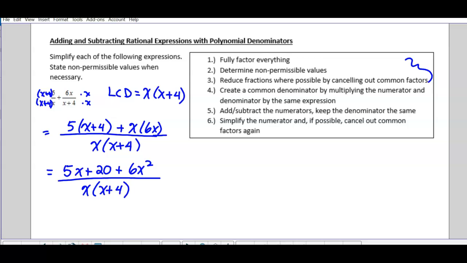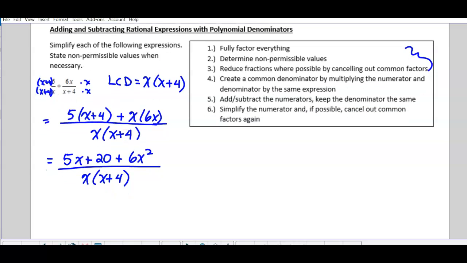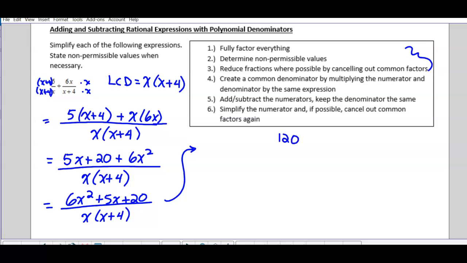Okay. Then take a look. It's a trinomial. Rearrange it to be descending order of degree, and then see if you can factor that. Are there two numbers that multiply to 120 and add to 5?